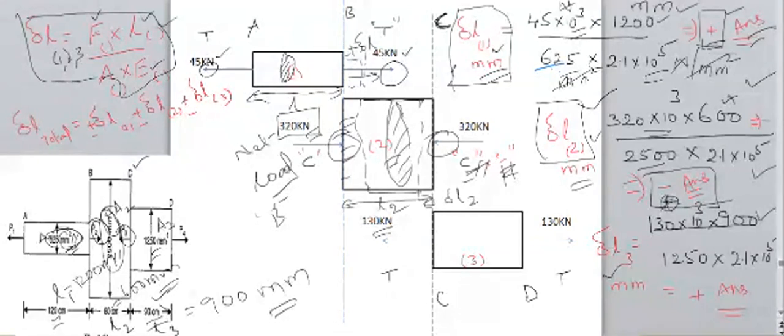And I need the cross-sectional area. If you see here, the cross-sectional area is 1250 mm square. Since mm square represents the area, I can take the value 1250 directly. And next in the equation, I need the Young's modulus. The value is 2.1 into 10 to the power of 5.